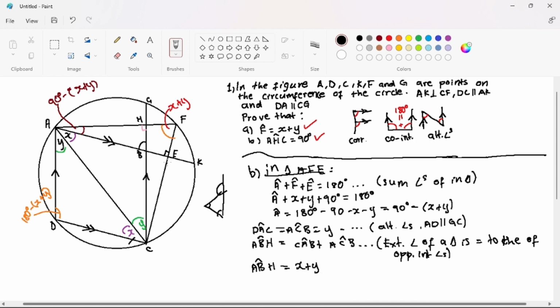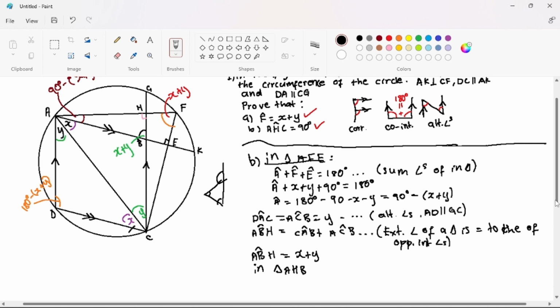And then we know this angle. We come to our diagram and highlight it. So here we are going to have X plus Y. And then on our next step, we are going to say we are considering triangle AHB.